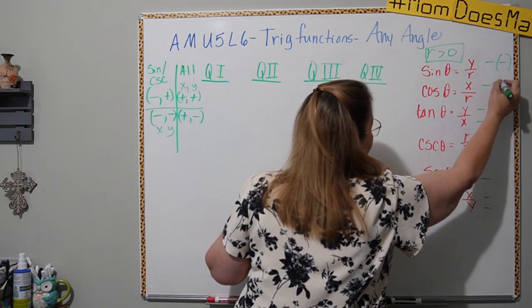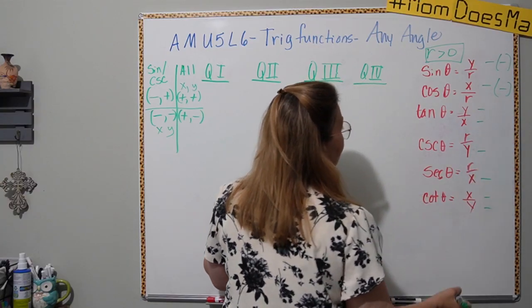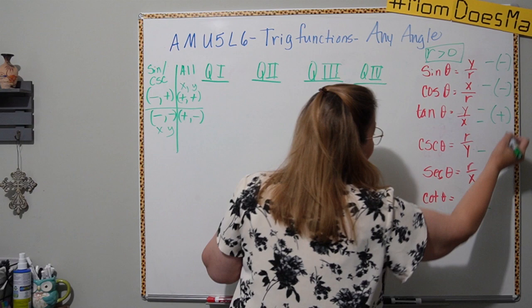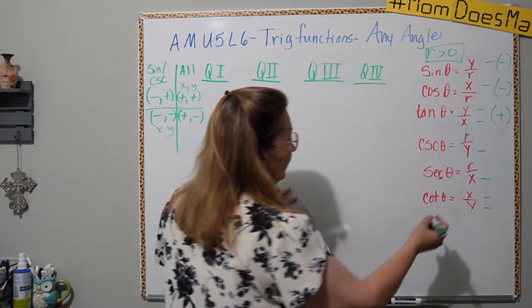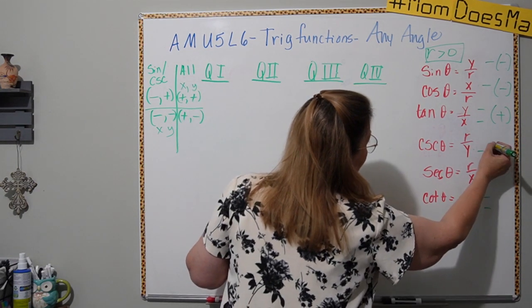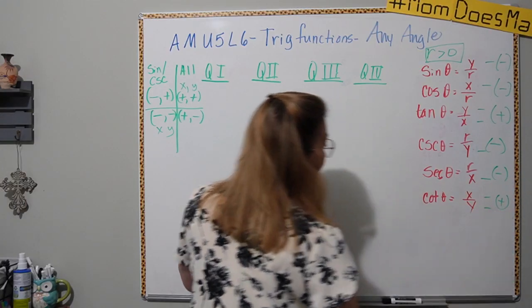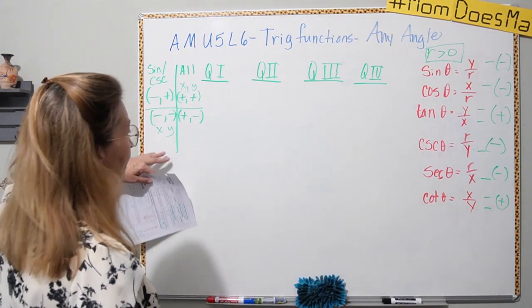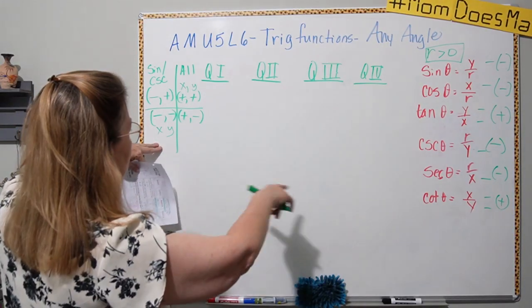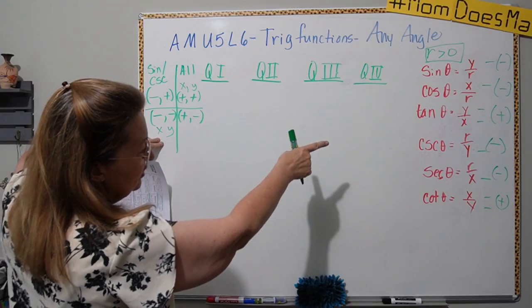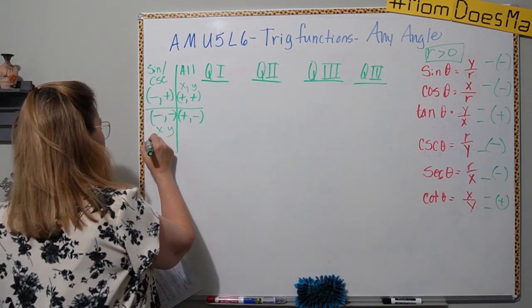If x is negative here, the whole thing is negative. Now here where I have negative over negative, that turns it to positive. Okay, and then the reciprocals are going to match. I'm going to have a negative and a positive. Okay, so which functions would be positive over here in quadrant 3? That's going to be your tangent and your cotangent.